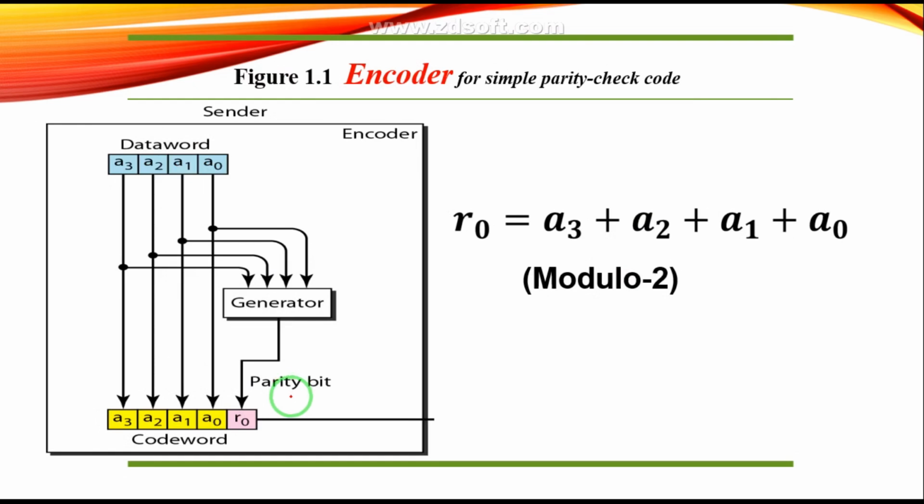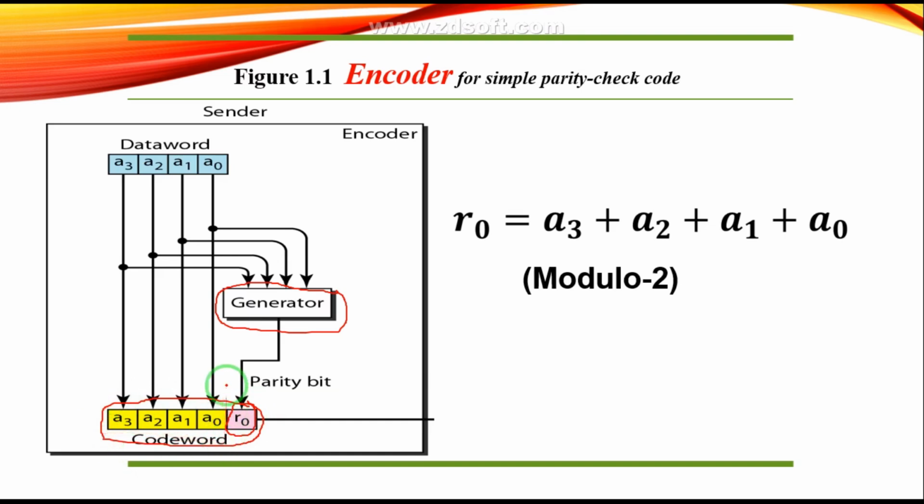First, we would focus on this encoder. This calculation is done in modulo arithmetic, guys. The encoder, as I already told, uses a generator that takes a copy of the 4-bit data word, that is A0, A1, A2 and A3, and generates a parity bit, R0. These data bits and the parity bit together create the 5-bit code word.